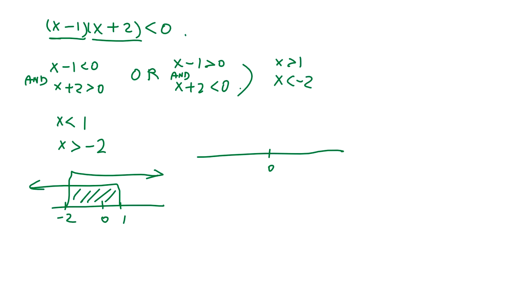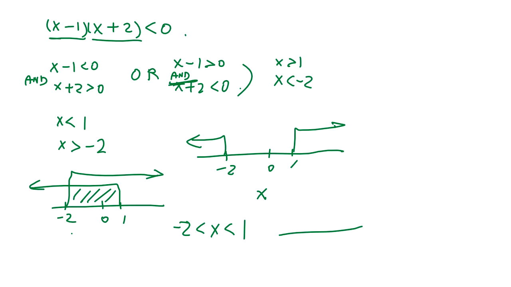So x is larger than 1 and smaller than minus 2. There's no overlap, so there's no solution. Okay, so this is the only solution. So x should be between negative 2 and 1.